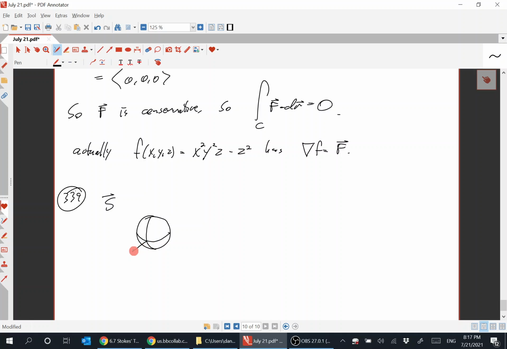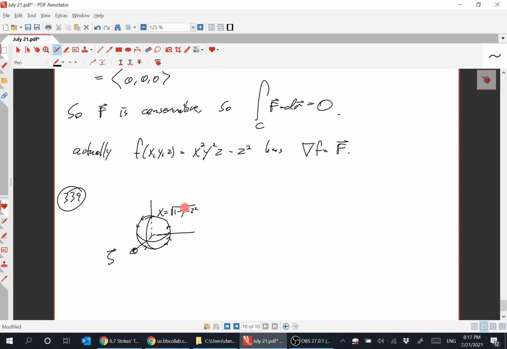All right, so you've got that oriented this way. So x is equal to the square root of 1 minus y squared minus z squared, and the boundary is oriented that way to be positively oriented with regard to S here.